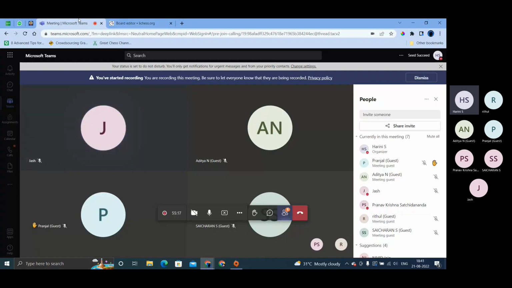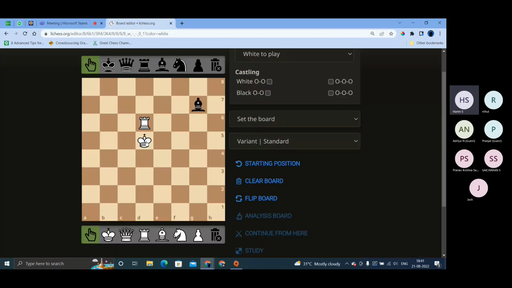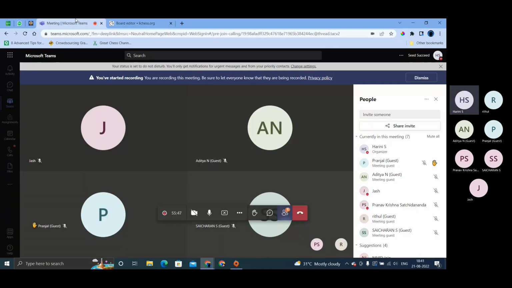Now, Ritul, we were learning about supporting, right? Supporting the own piece or the teammate. Which piece is this king supporting? Ritul, are you there?